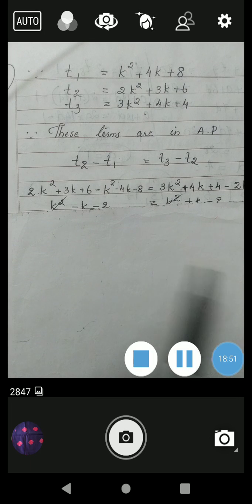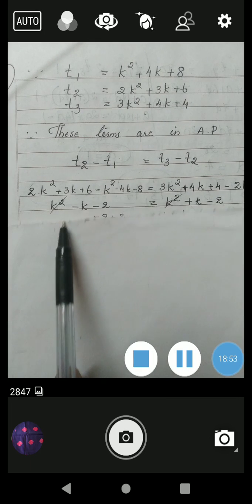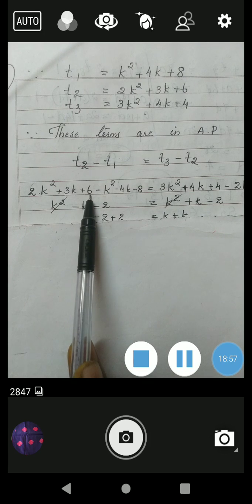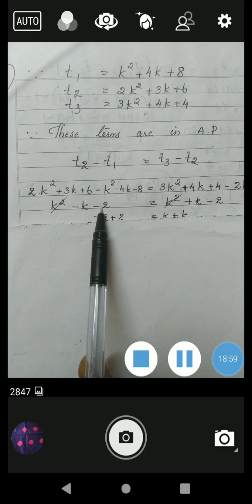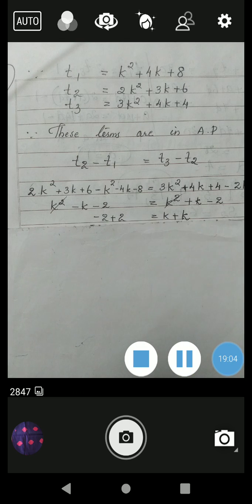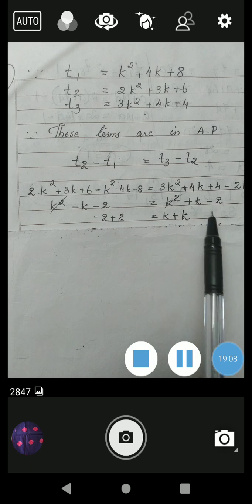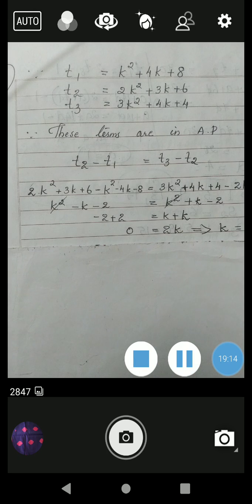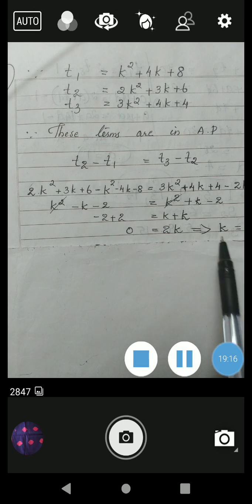You can see some simplification. 2k square minus k square, 3k minus 4k is minus k, plus 6 minus 8, that is minus 2. Right side also in the same way. On both sides we can cancel k square, and transpose this k to the right side and 2 to the left side. You will get 2k equal to 0. Therefore k is equal to 0.